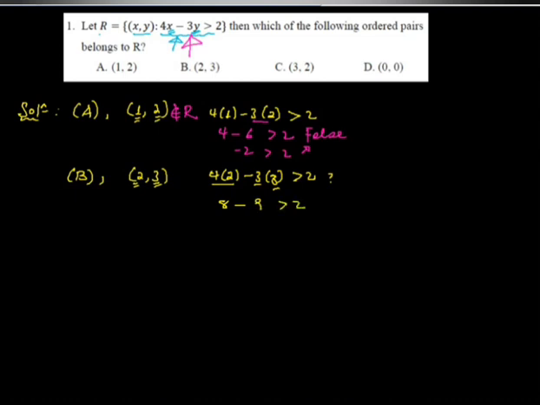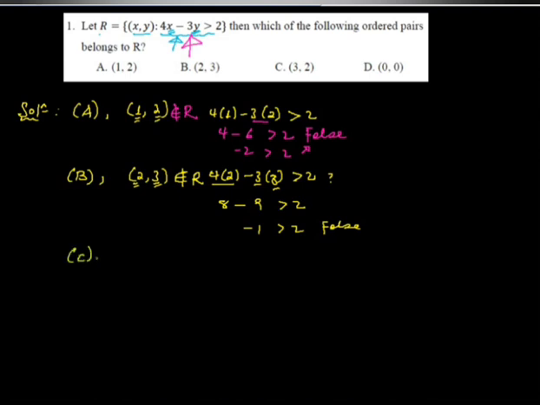So 8 minus 9 is minus 1, and minus 1 is greater than 2, which is false. So (2, 3) is not a member of R. So the question is which of the given order pairs belongs to R.